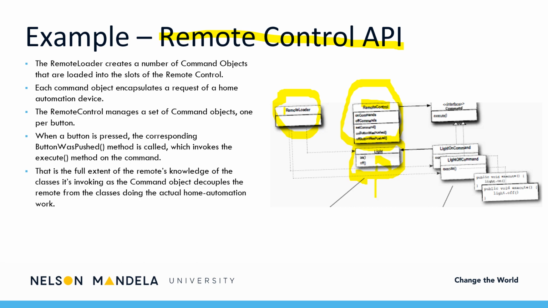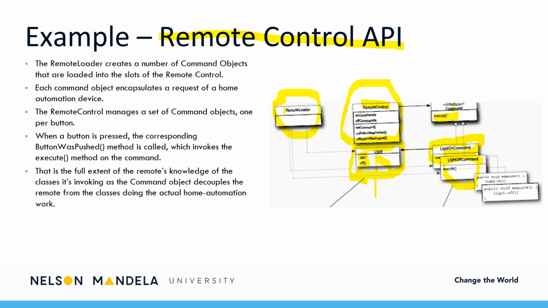And then we've got a light on command, which is responsible for turning on the light. Whenever this command is invoked, it calls the on method in the receiver. And then we've got a light off command, and whenever this is invoked, it calls the off method in the light through the command pattern.